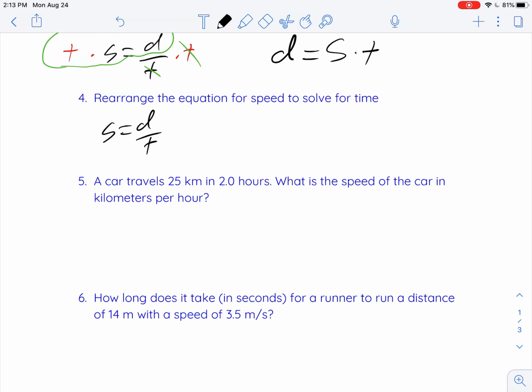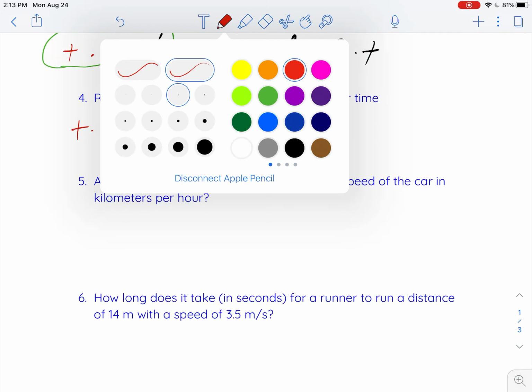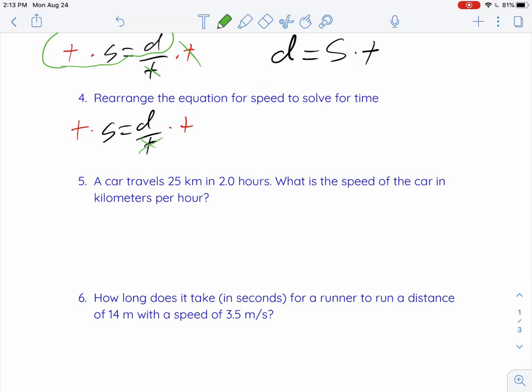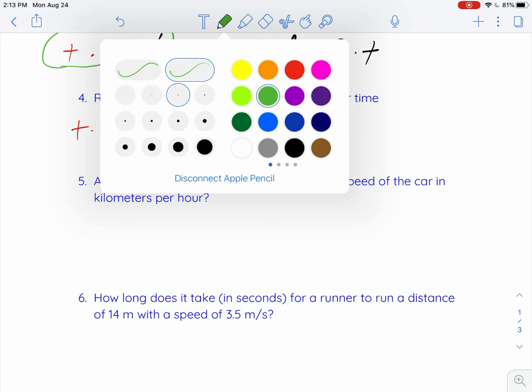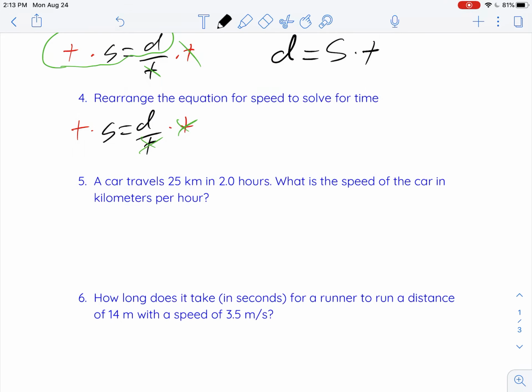So I'm going to do the exact same thing I did in the previous question, where I'm going to multiply both sides by time. And that's going to allow me to factor out that time variable from the right side of the equation. That's like my first step. I'm going to go ahead and rewrite this: time times speed is equal to distance. I'm not going to rearrange it like I did in question 3 just yet because I'm still working here.